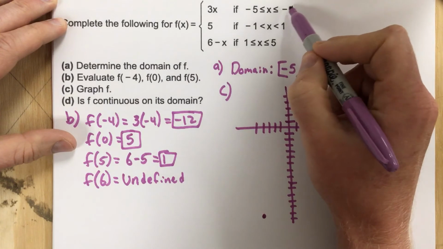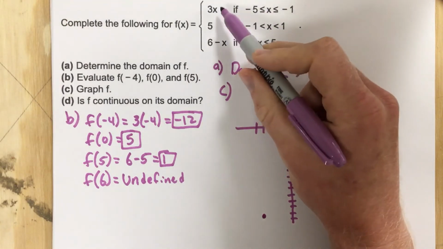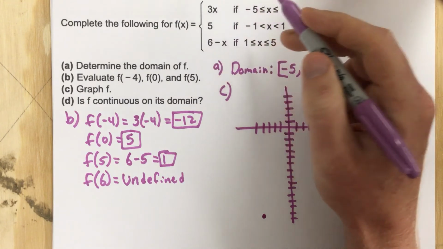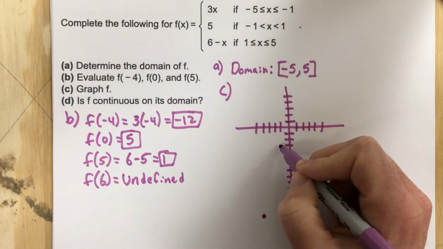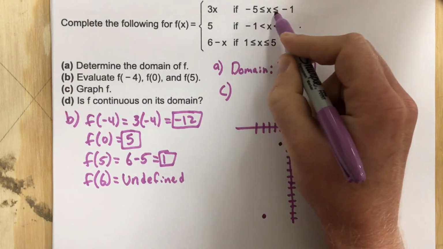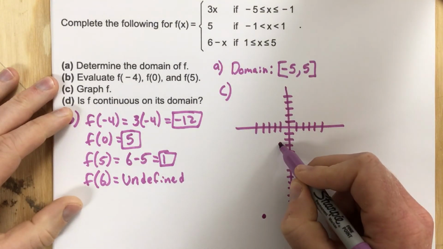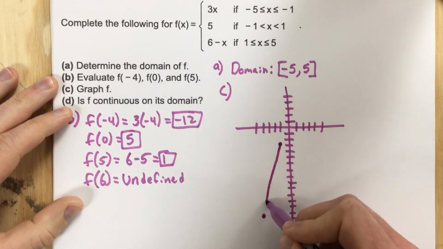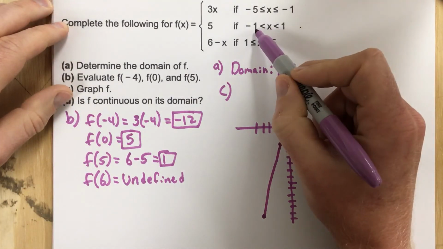If I plug in negative 1, I get negative 1 times 3, which is negative 3. So I can plug in negative 1, negative 3 here. Now, because it says equals for both of those, they are closed dots. So I'm going to connect those dots like so. For the middle one, I have negative 1.